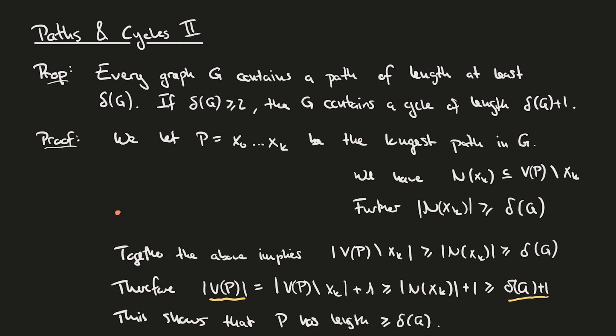For this, we again consider the longest path P, and as before, we look at the neighbors of the vertex xk, which we know have to lie on P.